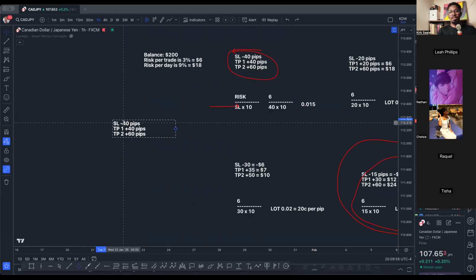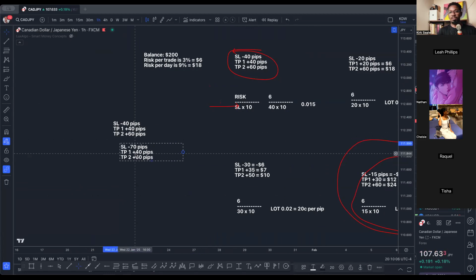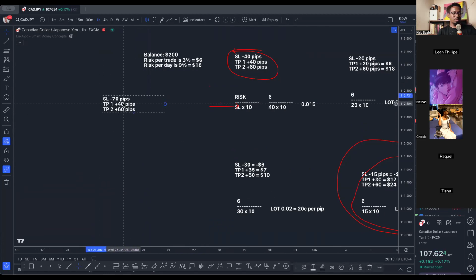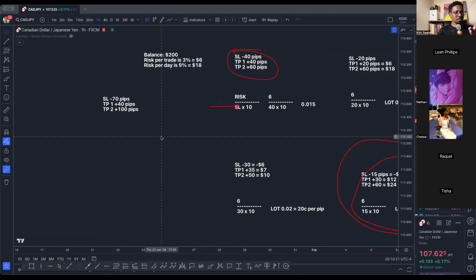So let's say the stop loss was, I don't know, 70 pips or something crazy. All right. So if your stop loss was 70 pips, take profit one was 40 pips, take profit two was 100 pips. We would never send out something like this. All right, but just bear with me for a second.